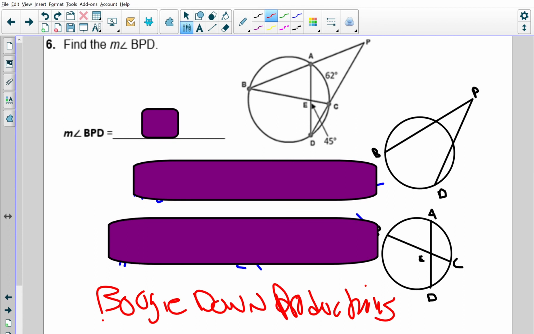angle BPD, where is that? That's this, right? This guy. So I cut out secants BP and PD. Okay, to take a look. Well, what does that tell us? We just looked back on a couple slides before this that we know that it's what? Big minus small cut in half.